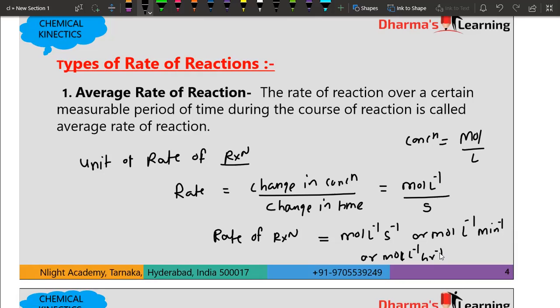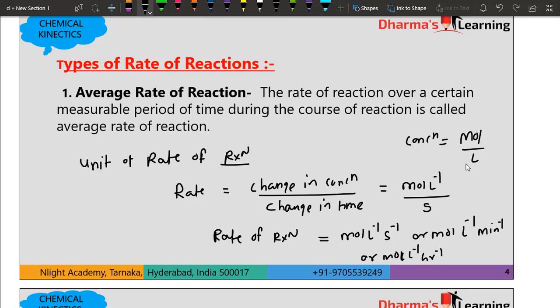It depends upon what unit of time you are taking. So this is about the unit of rate of a chemical reaction. Till now we have discussed how to find the rate of reaction, what rate of disappearance is, what rate of appearance is, and what the unit of rate of a chemical reaction is.